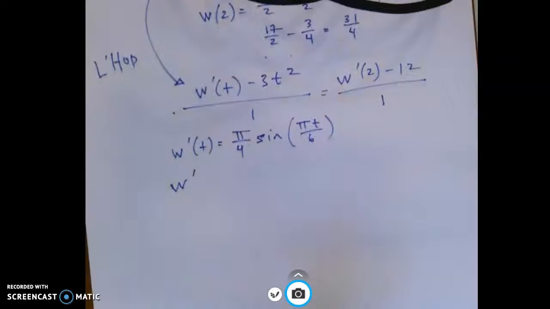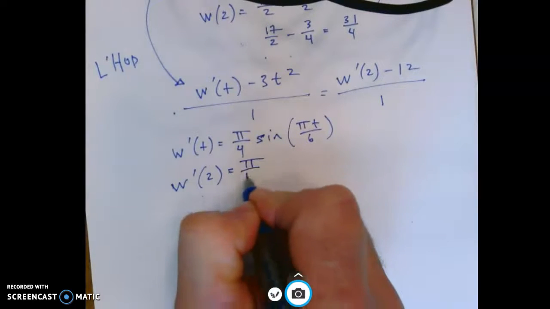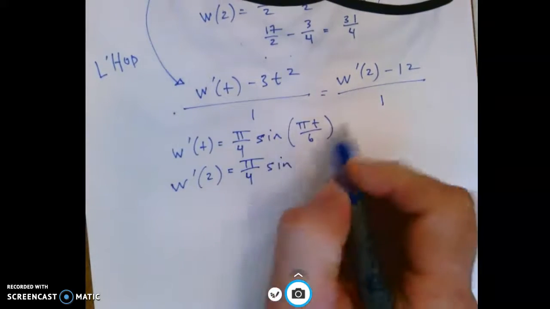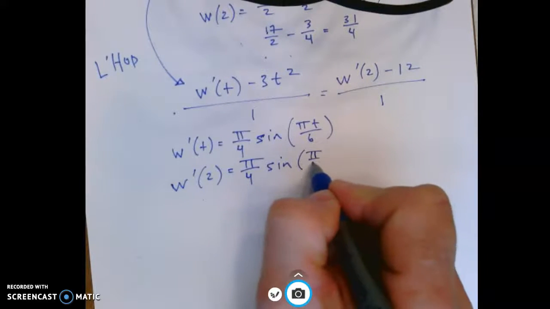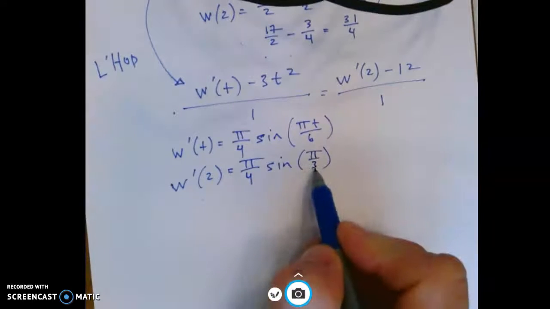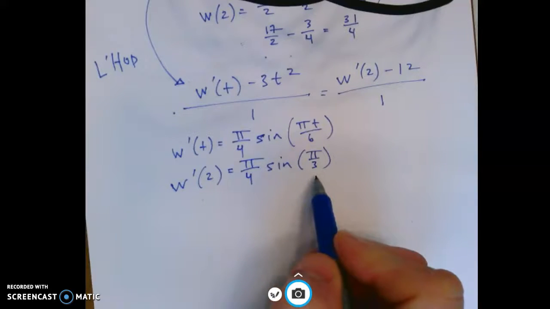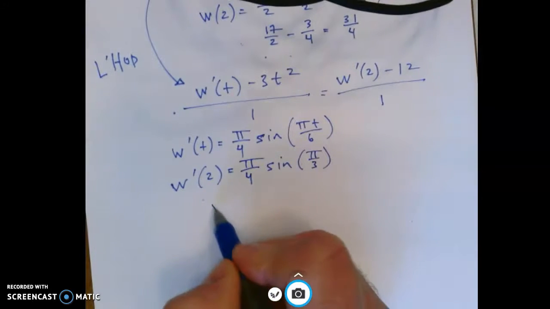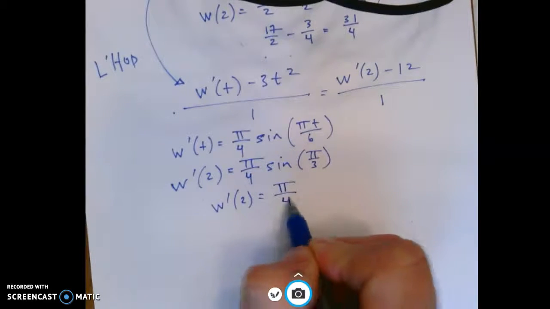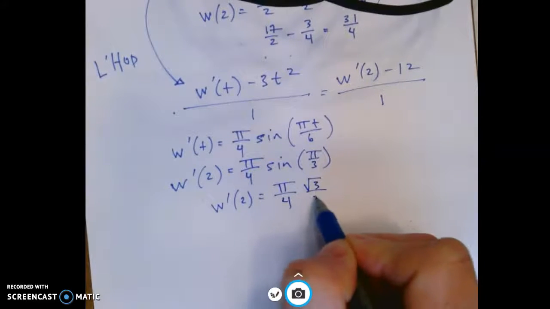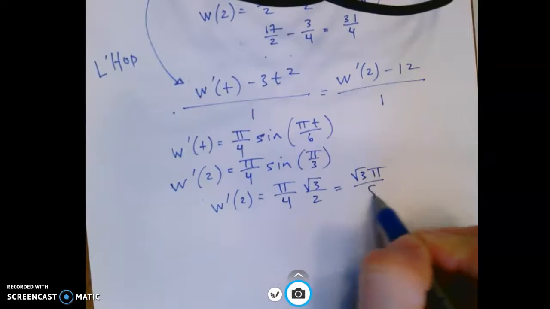Oops, I'm way off here. Sorry, folks. And this becomes 2 pi over 6, which is pi thirds. All right, this is 60 degrees. Sine of 30 is 1/2. Sine of 60 is root 3 over 2. Therefore, W prime of 2 becomes pi fourths times root 3 over 2, or root 3 pi over 8.